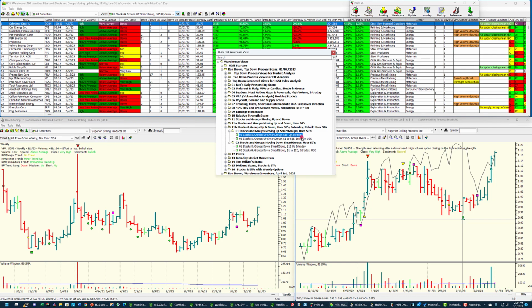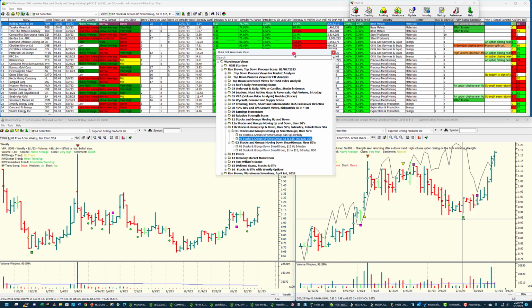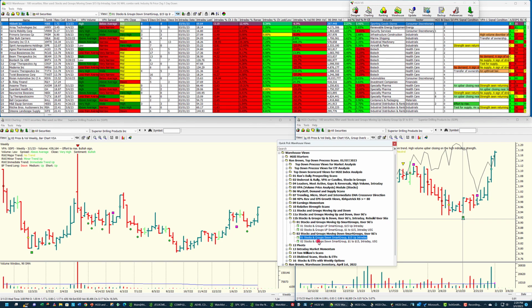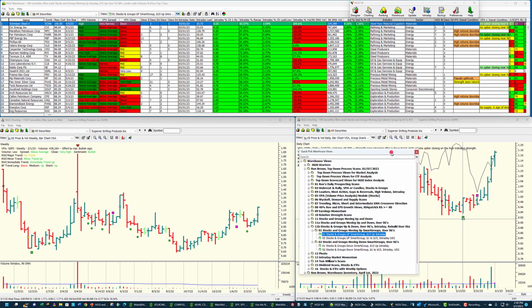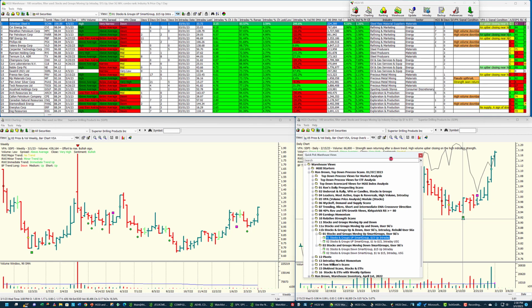Stocks and groups up smart group for $15 and up, and this is $1 to $15. These are stocks and groups down, $15 and up, and $1 to $15. So let's look on the upside because we're in a down market. Just remember that these groups that I'm showing you right now end up in 11A at the close of the market today.